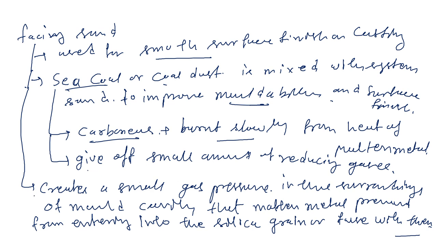This sand creates a small pressure surrounding the mold cavity so that the molten metal is prevented from entering into the silica grains or fusing them. So facing sand is very beneficial to get good quality castings.